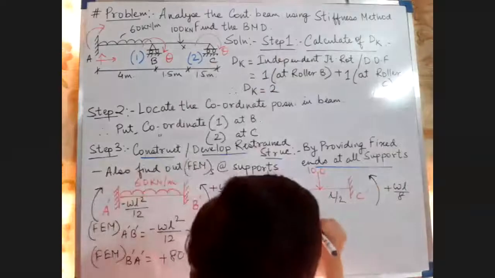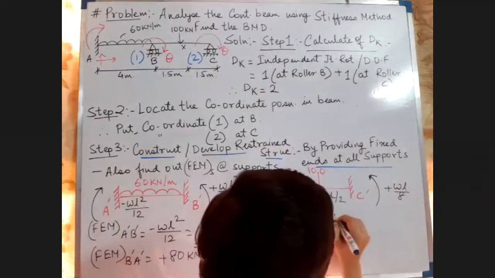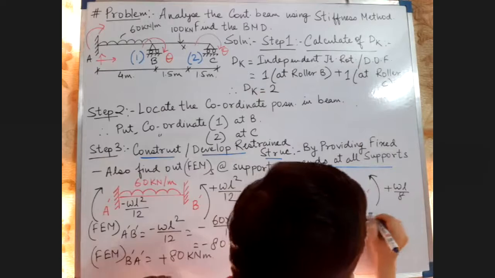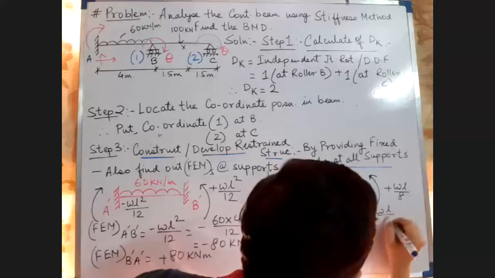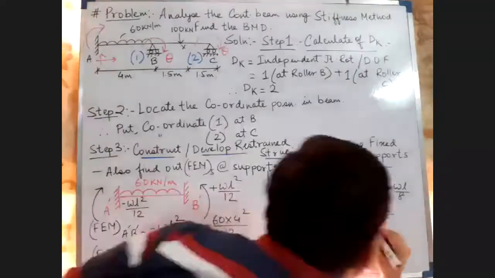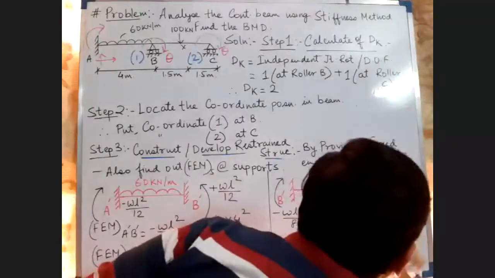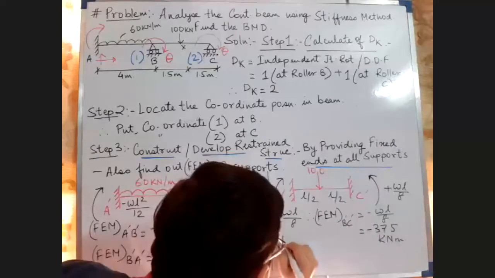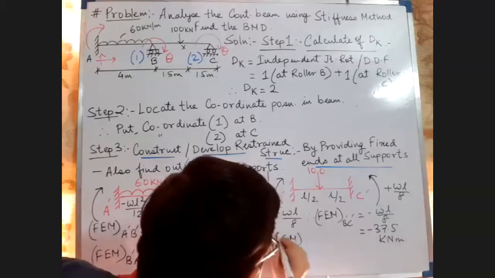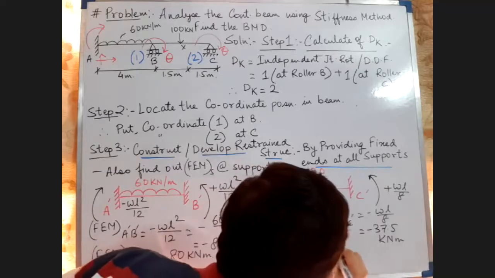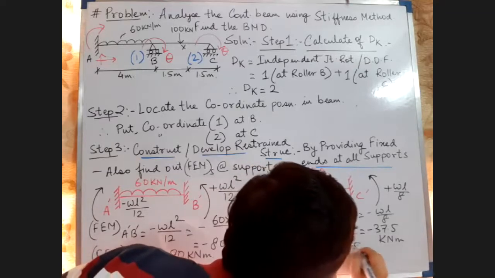So therefore, fixed end moment B dash C dash will be minus W L by 8. How much is it coming? W L by 8 is coming about minus 37.5. Please don't forget to write the units. FEM B dash C dash is minus 37.5 and FEM C dash B dash will be just the opposite, plus 37.5.